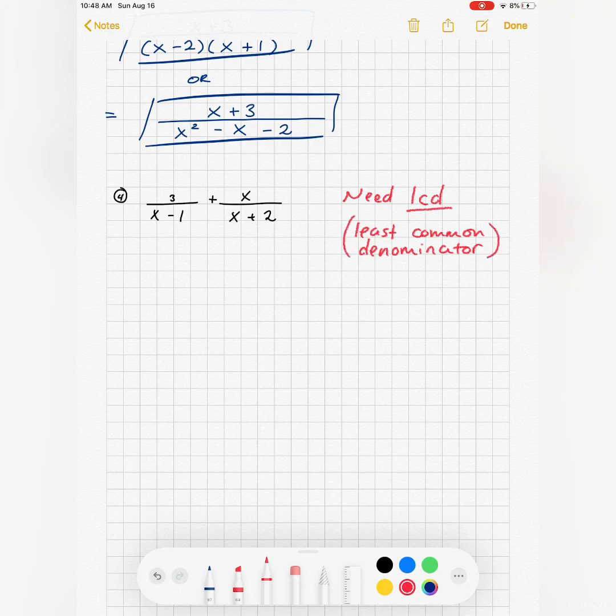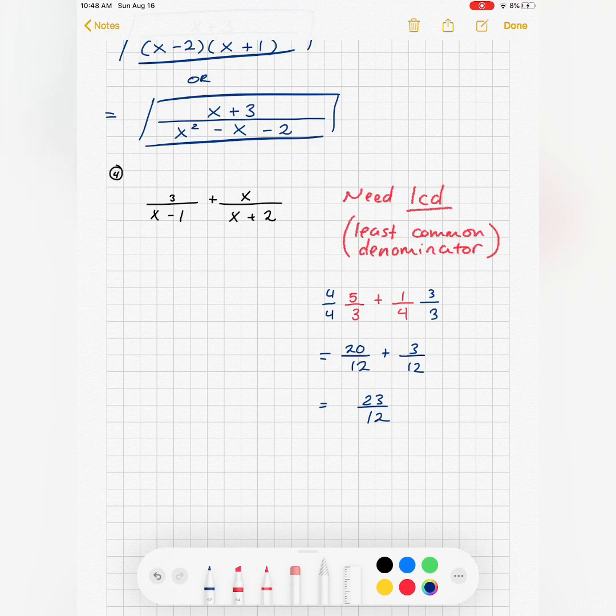So if I do something off to the side here, if I have 5/3 and I want to add 1/4, what do I have to do? Well, I have to multiply here by 4/4 and here by 3/3, right? So then I have 20/12 plus 3/12 for a total of 23/12, okay?